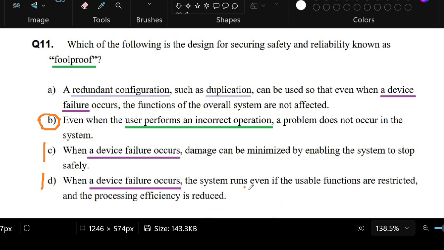A couple of things too that I'd like to add. As much as possible, we don't want to stop the system. Of course, if we really need to stop it, then we'll stop it safely.